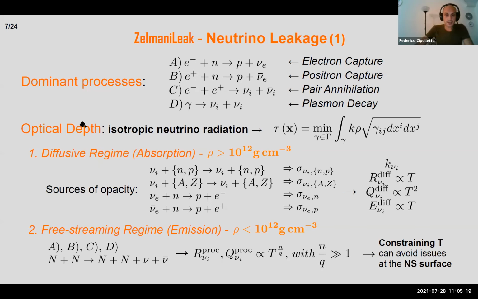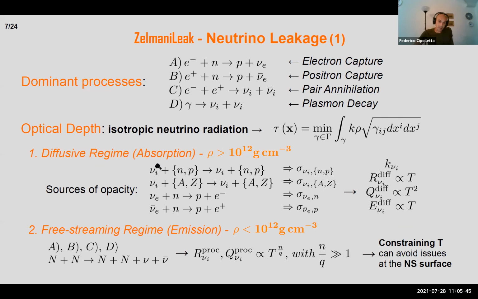The fundamental quantity that you should use to model the neutrino emission and absorption is the optical depth, that in the isotropic neutrino radiation can be written as this integral here. And then you have to consider two regimes for the neutrinos.